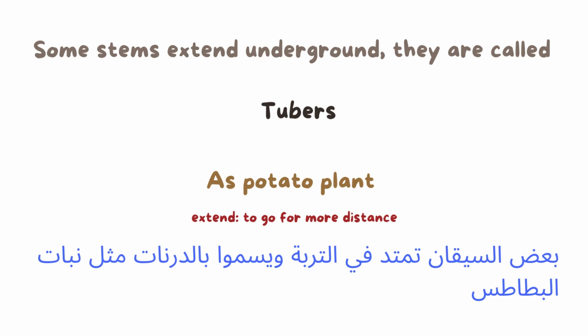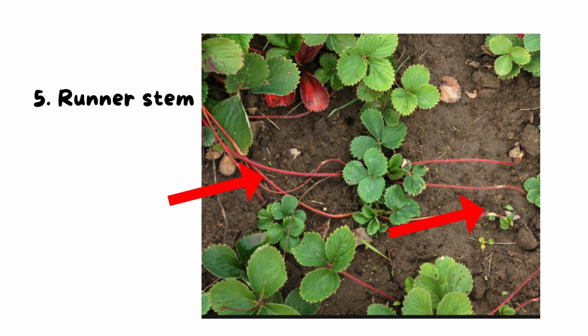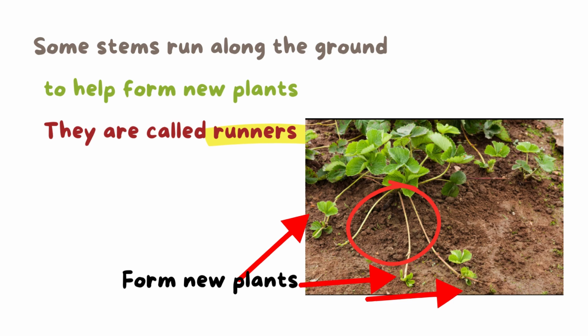Okay, the last form of stems, the runner stem. As you see here, these thin red stems are called runner stems, they are running on the ground. As you see here, they aren't upward, they are horizontal, and they help the plant to form new plants, okay.